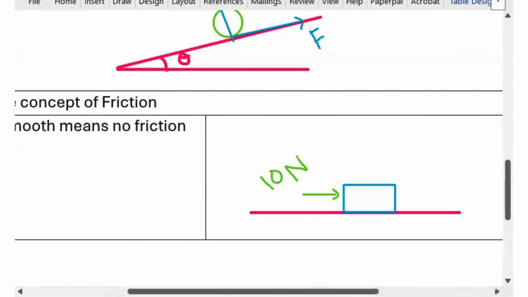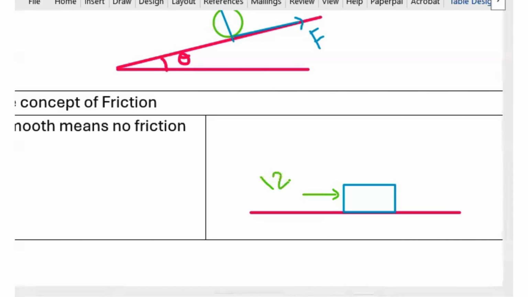Now, if I apply a force of 12 Newtons and the object is about to move, what is the friction at that point? The object is about to move, just about to move, you are about to overcome the friction. The friction will also be 12 Newtons.